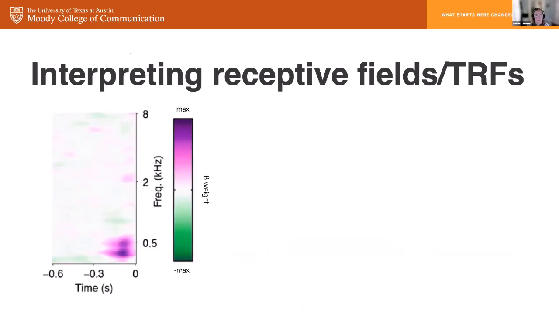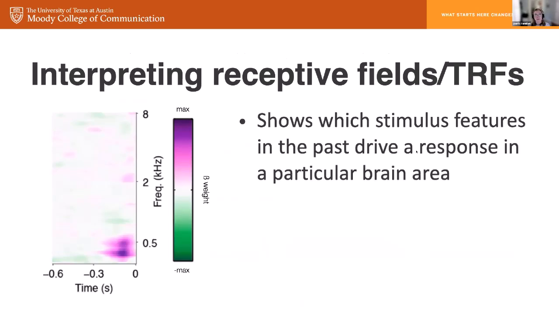Now I want to show you a little bit about how to interpret these, so that when I show you some results, they make more sense. This receptive field that we were just looking at is a representation of the stimulus features. It shows which of these features in the past drive a response in a particular brain area. So you would have one of these matrices for each area that you're recording from, at whatever level your neural recording is.